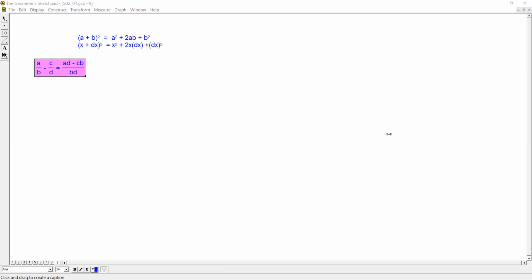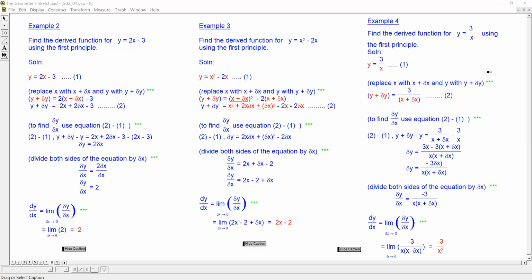If you want to add or subtract these two fractions, you have to do it this way. Okay, right, you know. So then we come back to here.